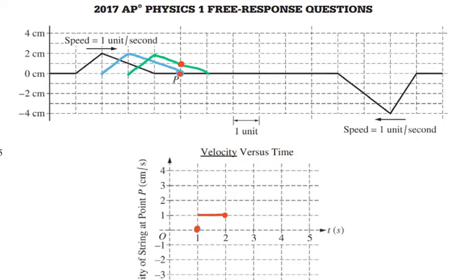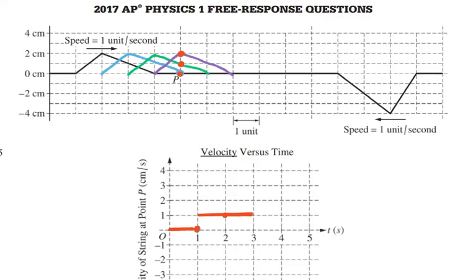Then for the next second, the wave is in this position, so the point jumps another 1 centimeter up. So for 2 seconds the point moved 1 centimeter per second, and the velocity of the point is 1 centimeter per second positive. Before that, it was 0.